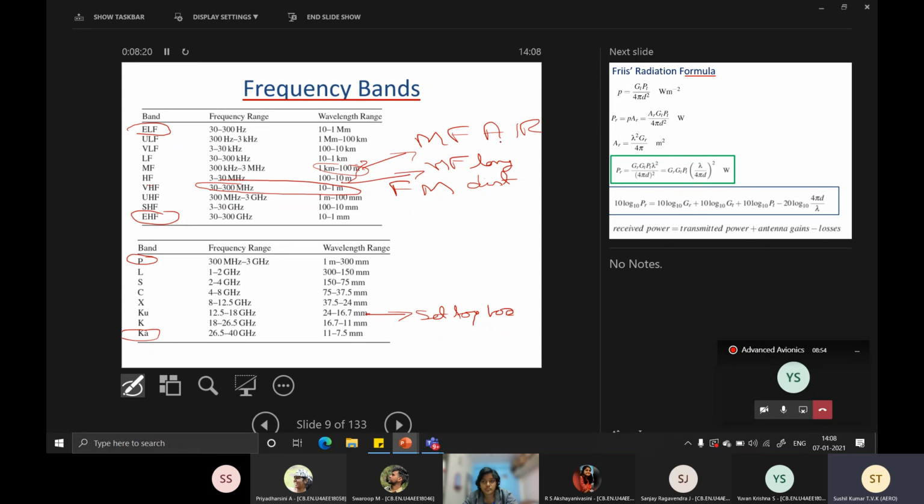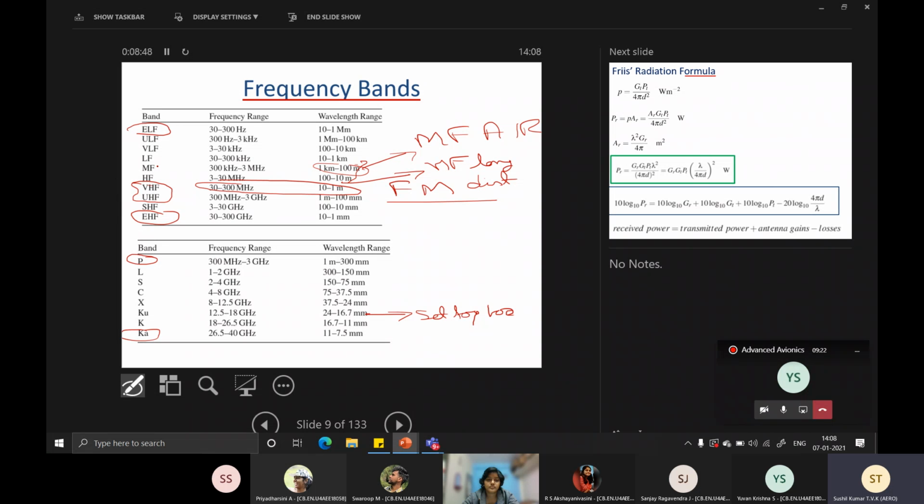But nowadays even All India Radio operates on the FM band. I'm not sure whether they're still operating the MF band. In fact, all your mobiles, I think they are having only the FM band. So there's nothing like HF and MF. But in aviation, they use both MF and HF, and VHF and UHF.